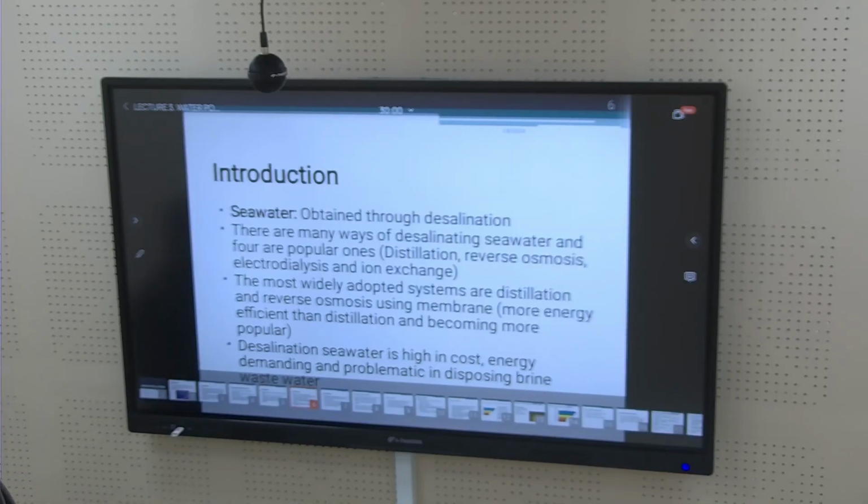So the most widely adopted systems are distillation and reverse osmosis using membrane, one more energy efficient than distillation and becoming more popular. Desalination of seawater is higher in cost, energy demanding, and problematic in disposing brine wastewater.